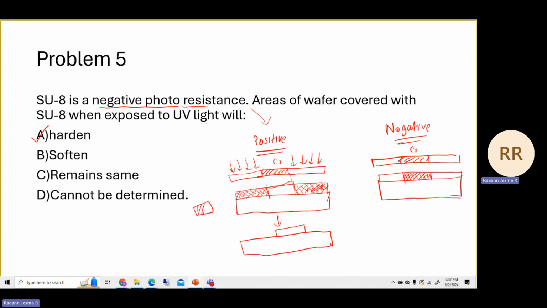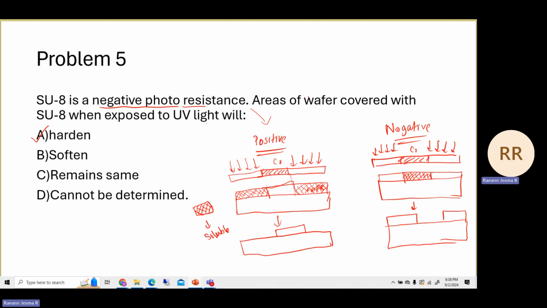Okay. So here, this is the soluble part. So this is negative photoresist. Wherever the light is exposed, the photoresist undergoes cross-linking, and this will cause the photoresist regions to harden, and the region which is not exposed will be softened.